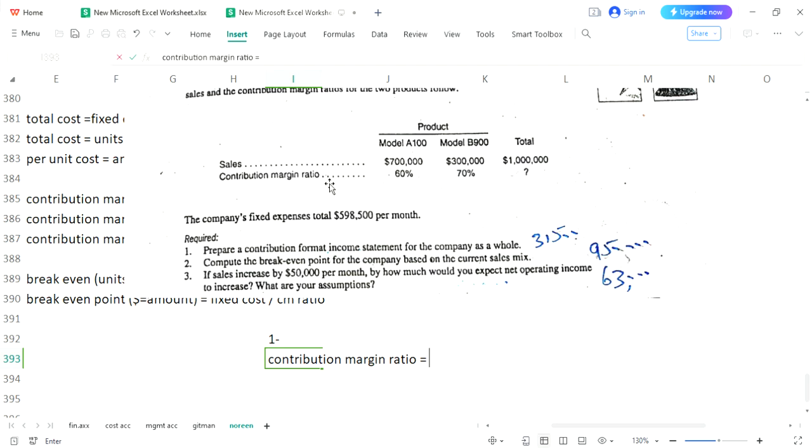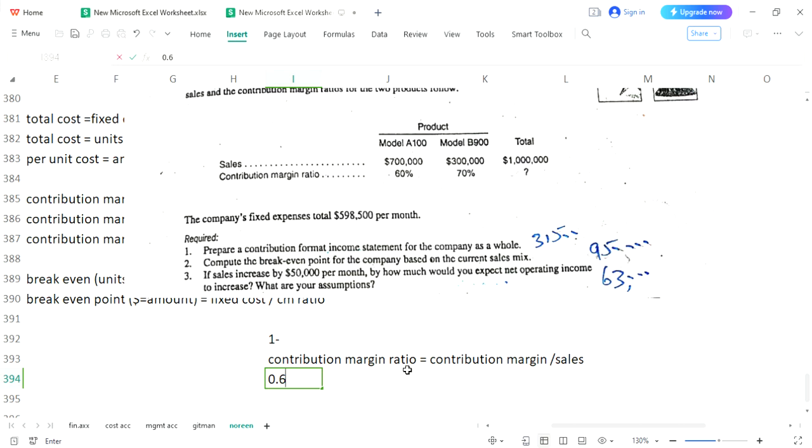What you do is take your contribution margin and divide it by sales. Okay, the ratio is given as 60%. 60% means 60 divided by 100, and you can write it as 0.6.